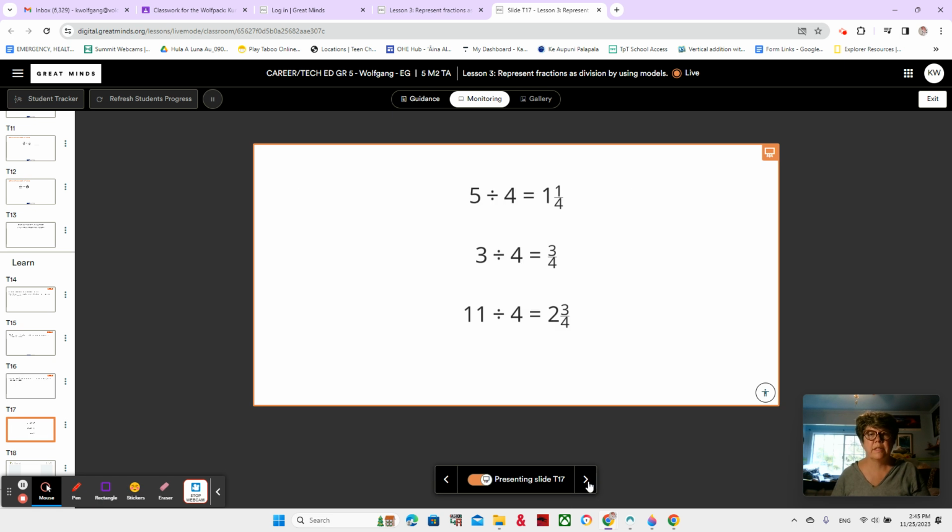All right, I'm going to go on to the next one. Here we have 3 equations. All right, what are the similarities and differences in these 3 equations? What do you notice? I see 2 mixed numbers and 1 regular fraction. I see they're all divided by 4. So the divisor is the same on all of them, but the dividend, the first number, the number that's being divided, is different.